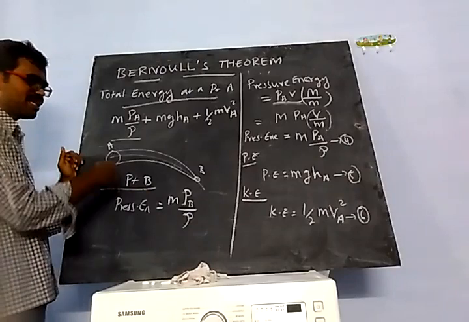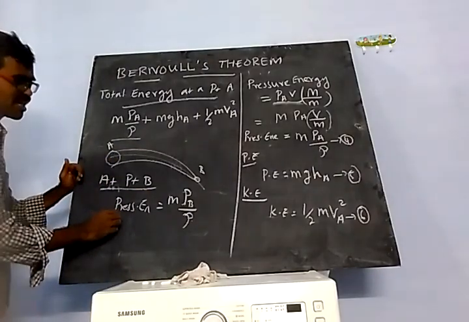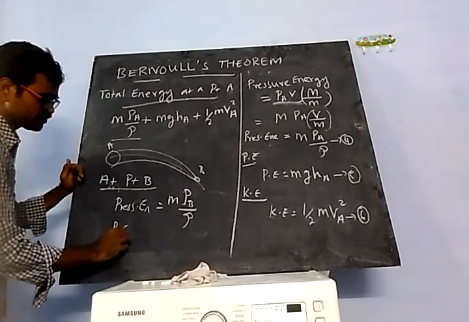Rho is constant, because the density of the liquid is constant. Next, the potential energy.